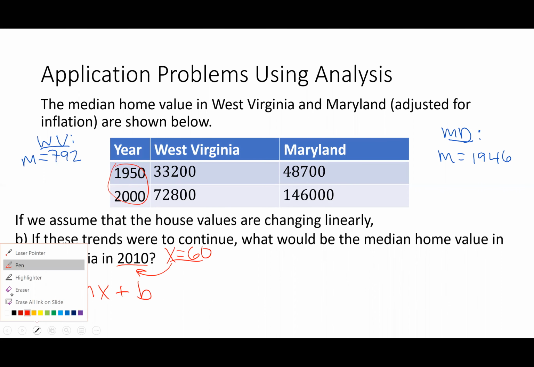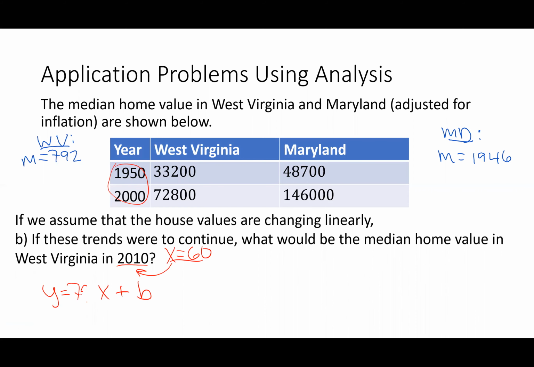Now, the problem we rub up against is, while we know the rate, we don't know what the y-intercept would be. Our rate is 792, but we don't know what the y-intercept is going to be. So let's start with the coordinate pair 0, 33,200 to find the b value, so that we could just plug 60 in for x. So x is 0.